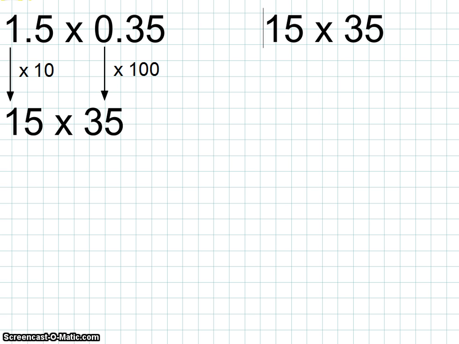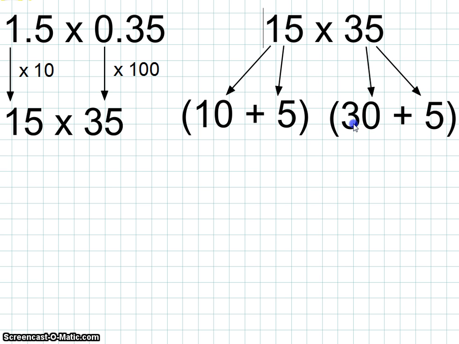This time, I'm going to study these two numbers first and simply ask myself, how many tens and how many ones are each of these numbers made out of? The number 15 is made out of 1 ten and 5 ones. The number 35 is made out of 3 tens and 5 ones.